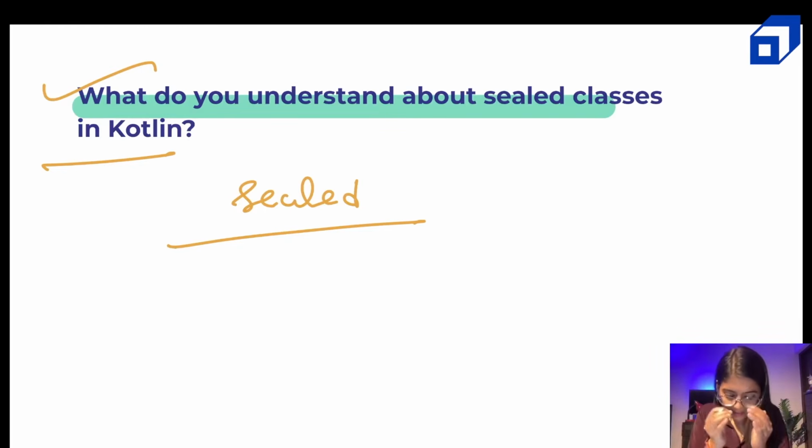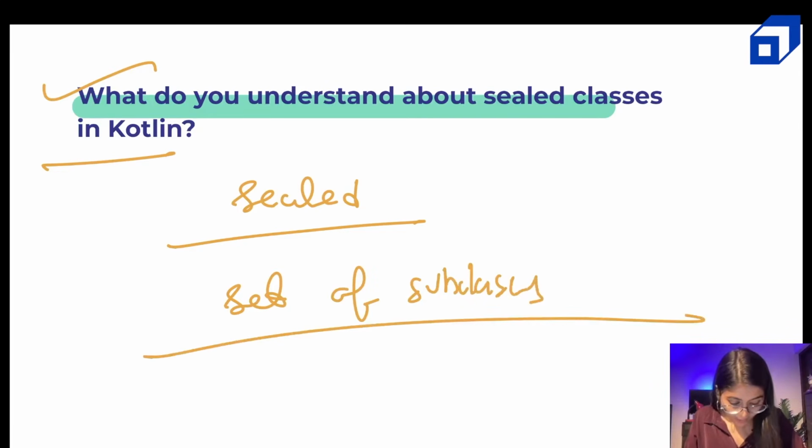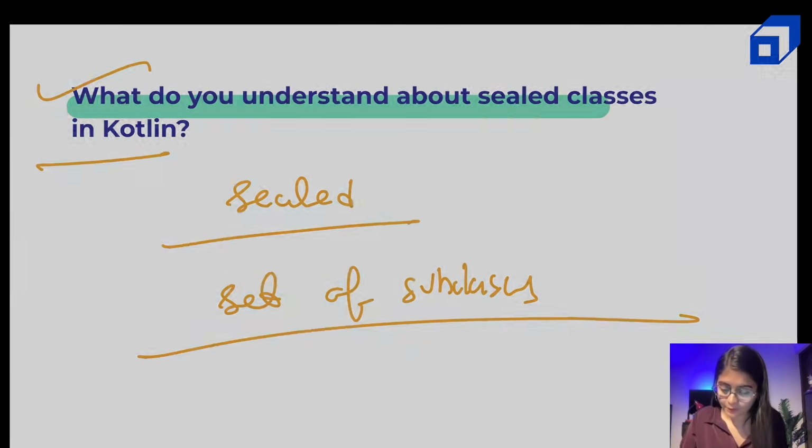Sealed means something which is bounded. A sealed class is one that has a set of subclasses, and it is employed when it is known ahead of time that a type will conform to one of the subclass types. It's a bit tough to understand, but let me make it simple for you.